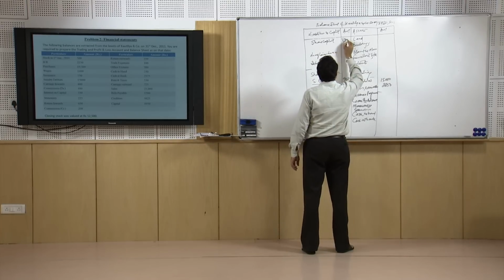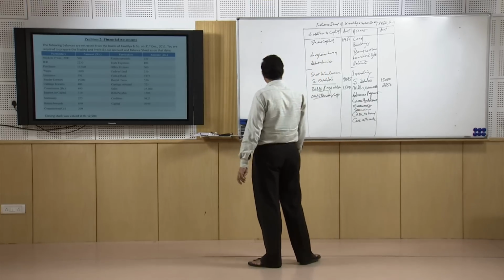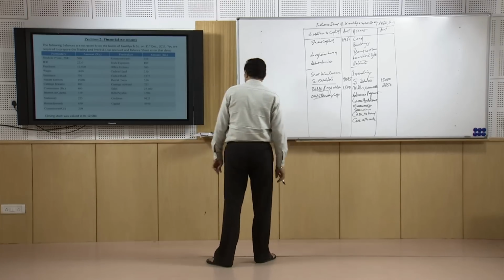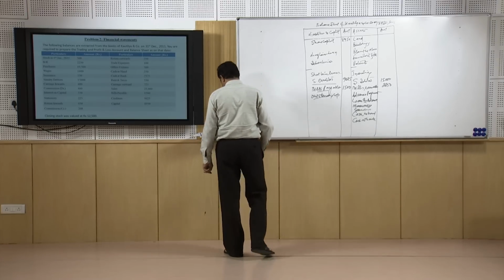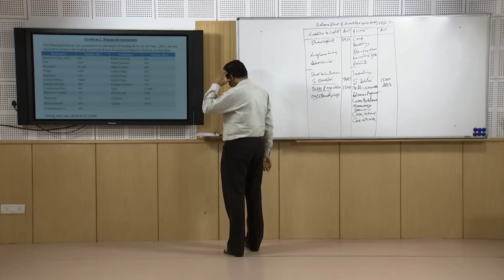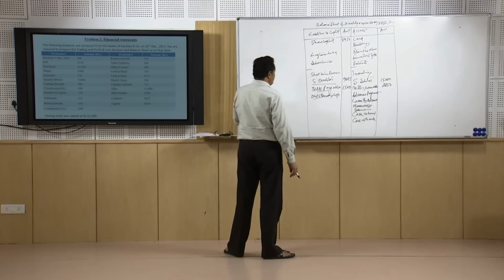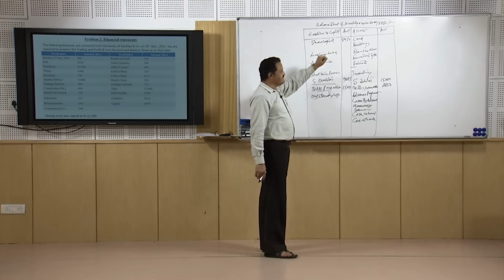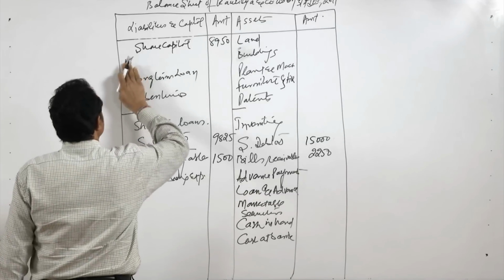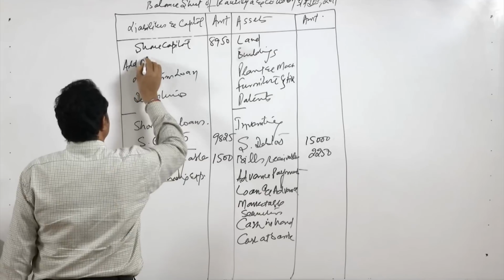8950. One more item we have to take into the balance sheet is that whatever profit is earned by the firm becomes part of the balance sheet, and that profit has to be entered here. So we will add here, in the share capital, the net profit.